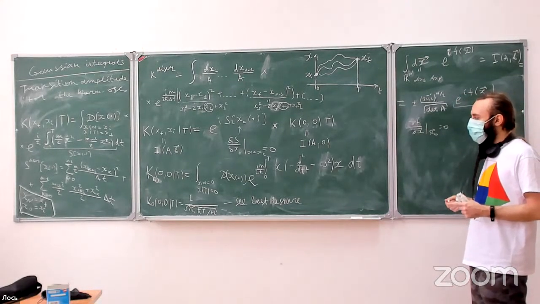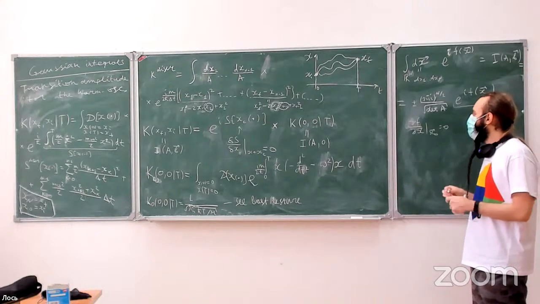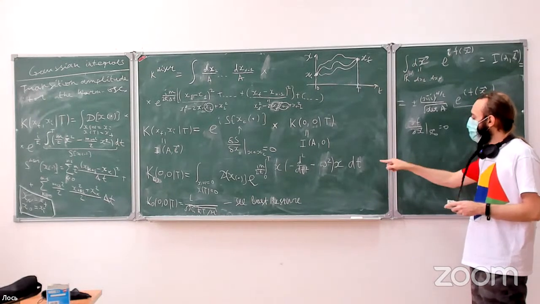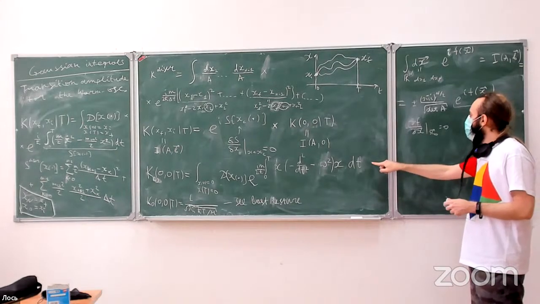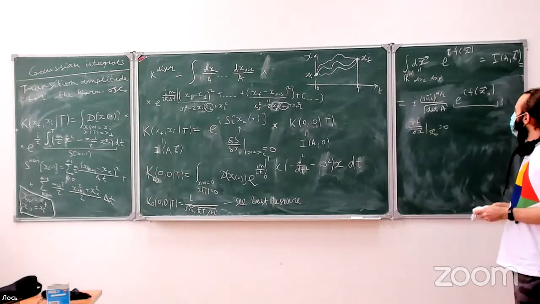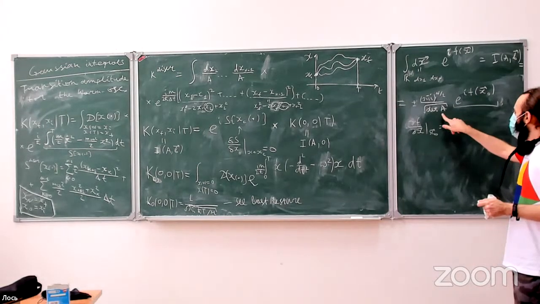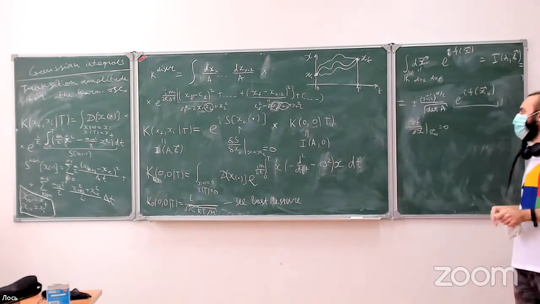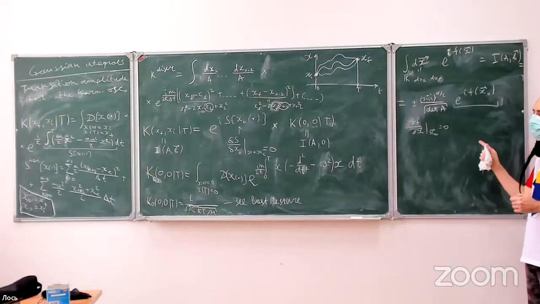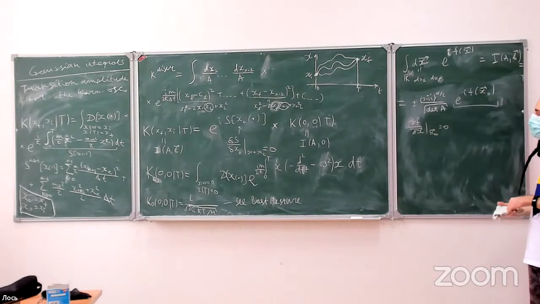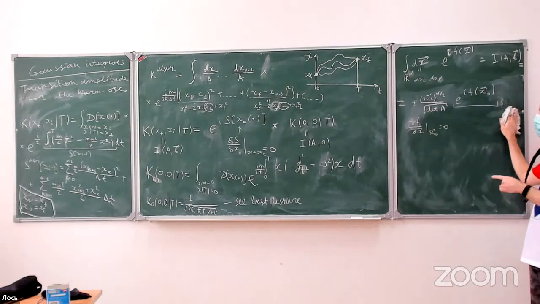So let us think a little bit more about what is written here. Let us assume that we remember this formula for the Gaussian integral. I remember that it's 1 over square root of the determinant times some prefactor, and I will erase this formula from this blackboard.